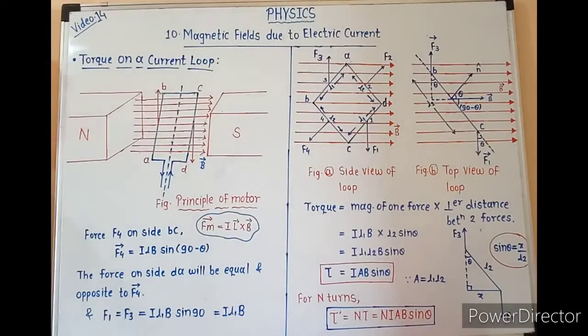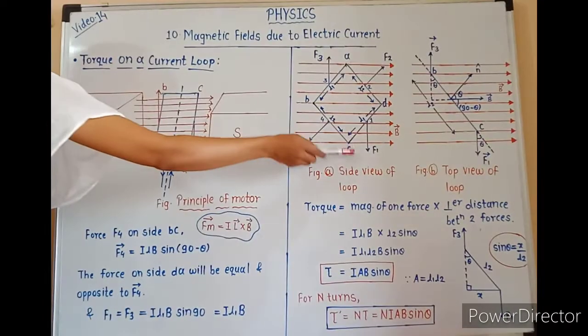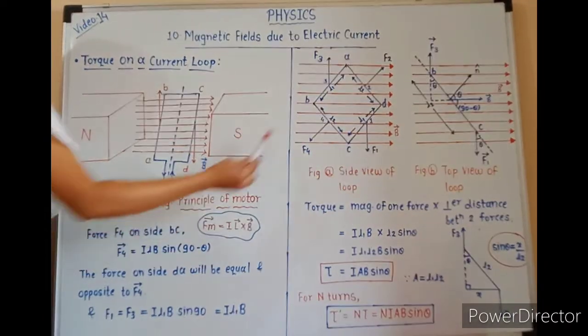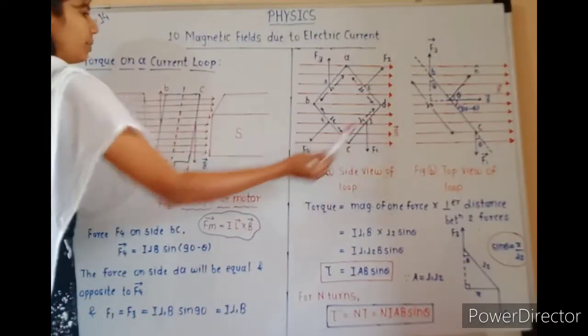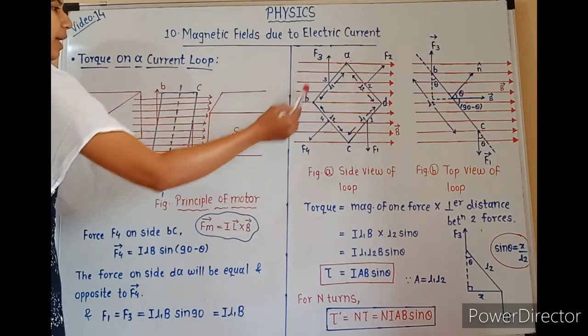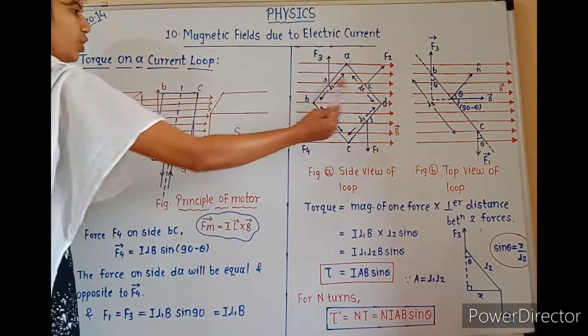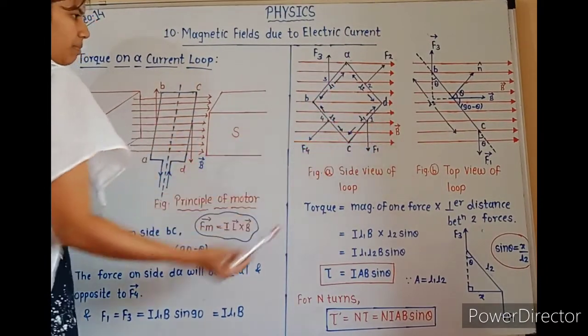Now consider the loop A, B, C, D placed in a uniform magnetic field B bar.